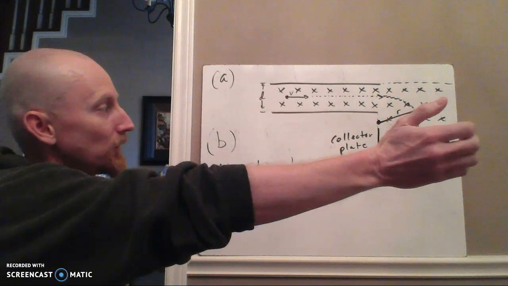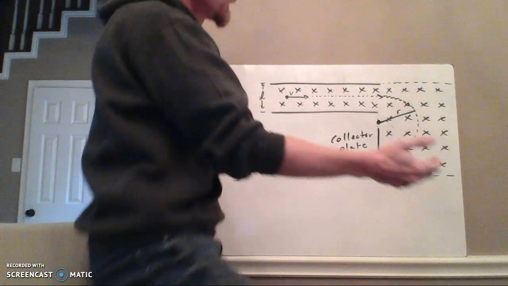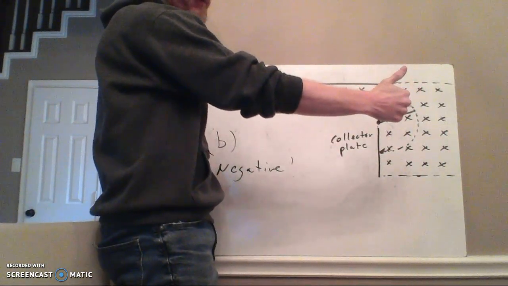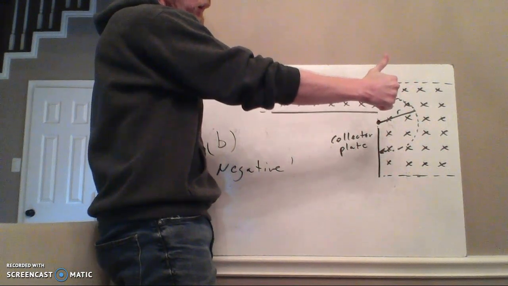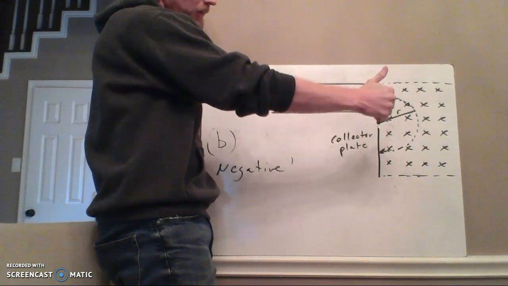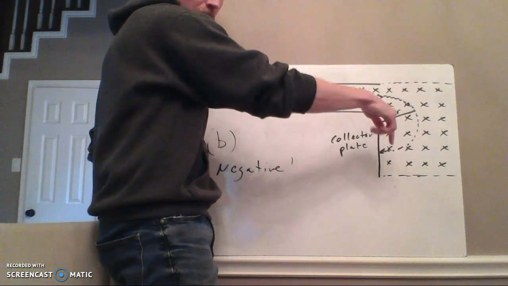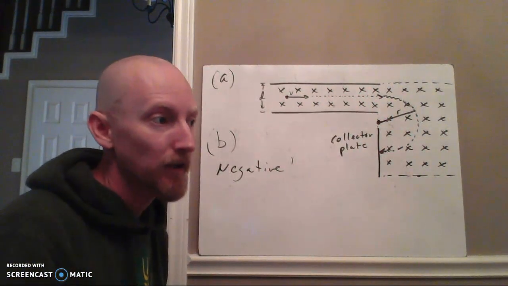My fingers are the field, and my thumb is the force. My field is into the board. That's what the X's mean. My thumb would point up, as in my force would be up. But as you can see, it curves down. So this must be a negative particle, like an electron.